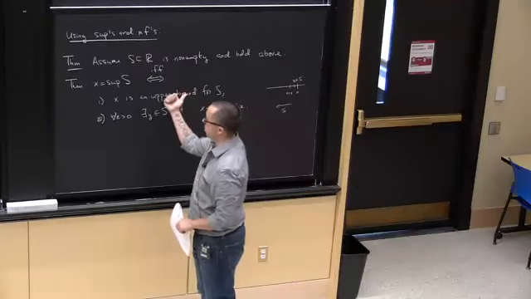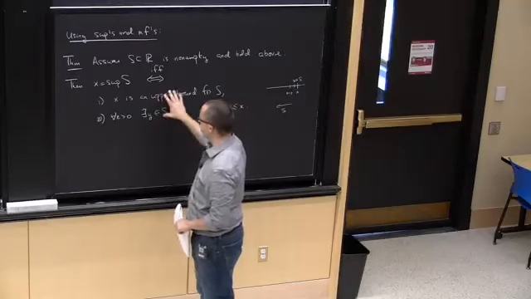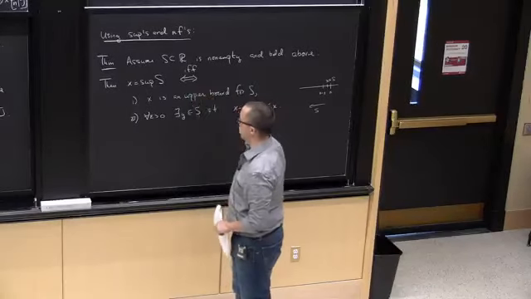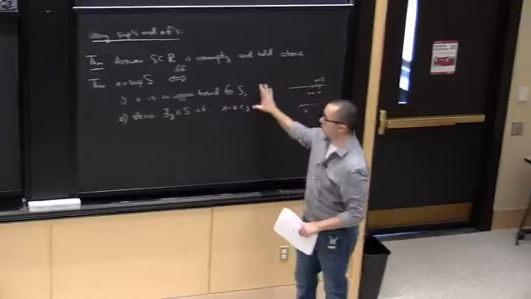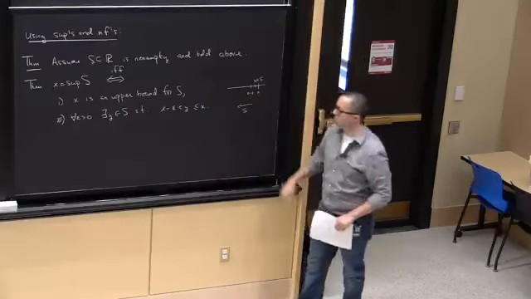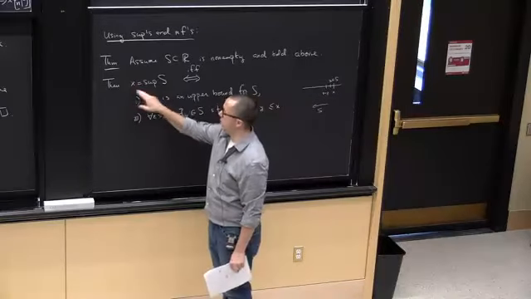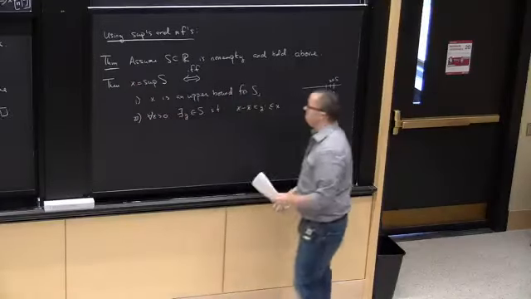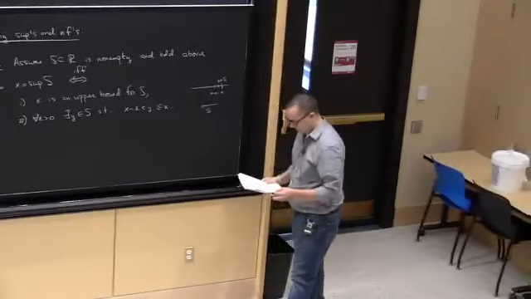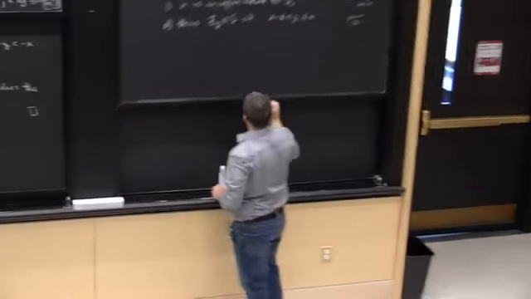Namely, if x is the supremum of S, then these two conditions are satisfied. And then on the assignment, I'll have you prove the other direction, basically, that these two conditions imply that a real number is the supremum of S. Okay?